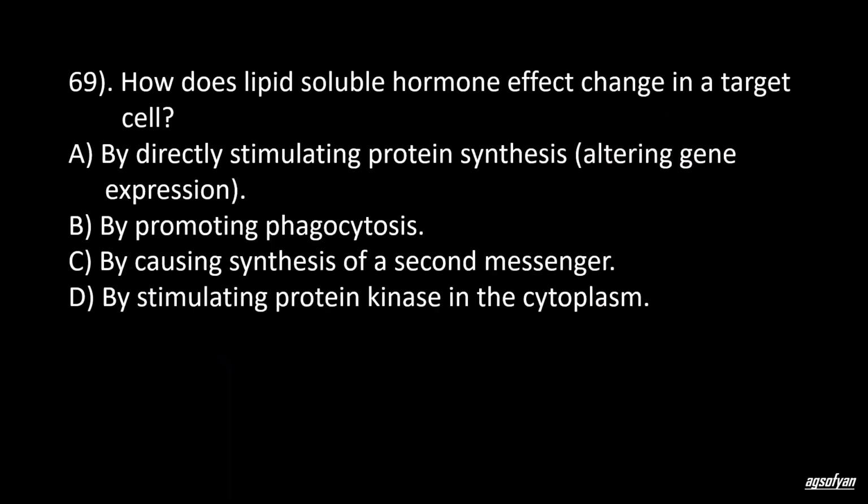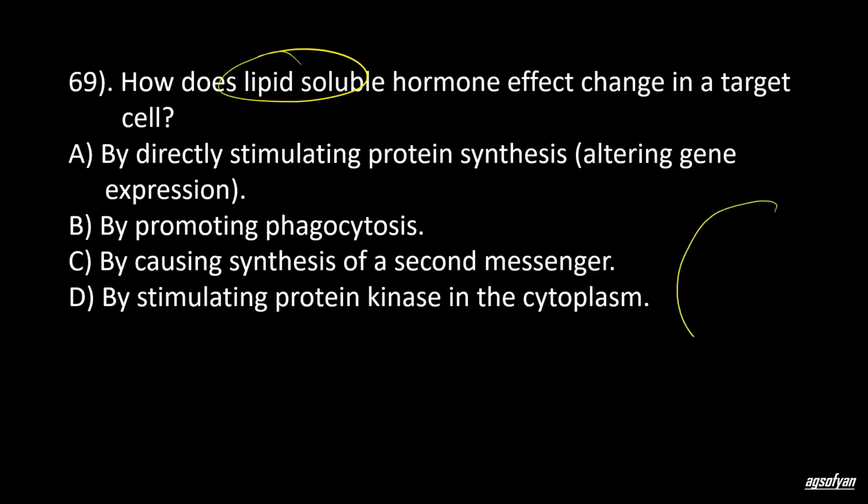How does a lipid-soluble hormone affect change in a target cell? By directly stimulating protein synthesis or altering gene expression, promoting phagocytosis, causing synthesis of second messenger, or stimulating protein kinase in the cytoplasm.